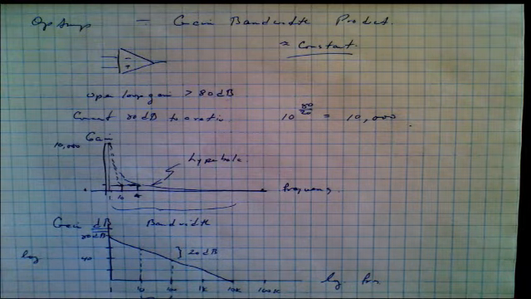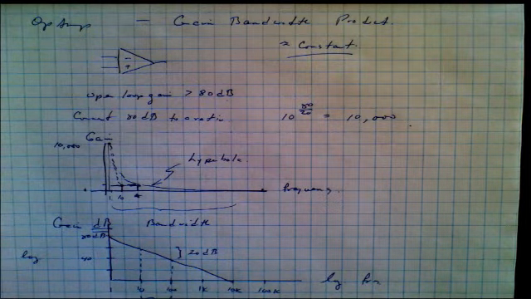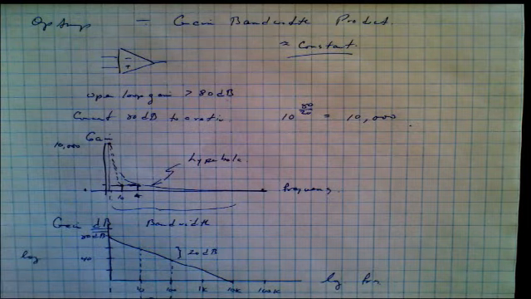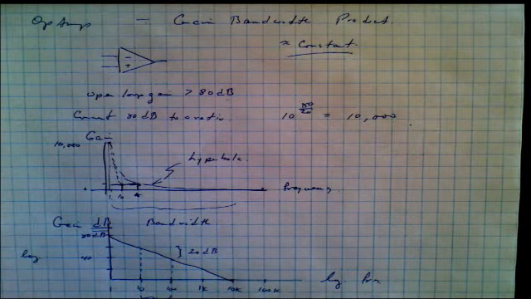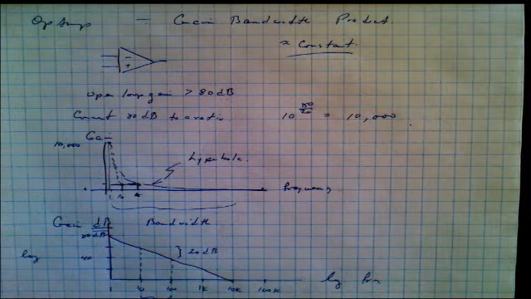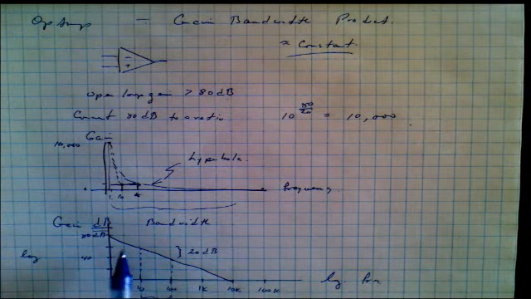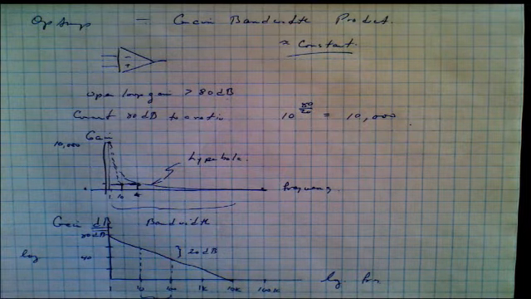So this is what we want to do. Whenever we're dealing with amplifiers, operational amplifiers, and looking at their base characteristics, we're going to plot the gains in terms of decibels and the frequencies in terms of log of frequencies, and we will get very nice straight lines.